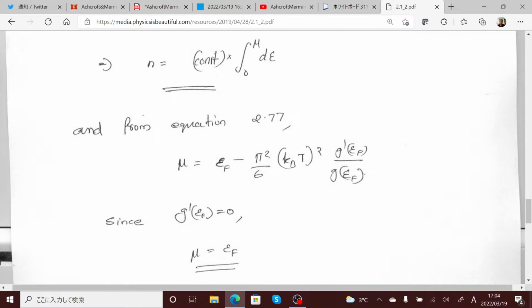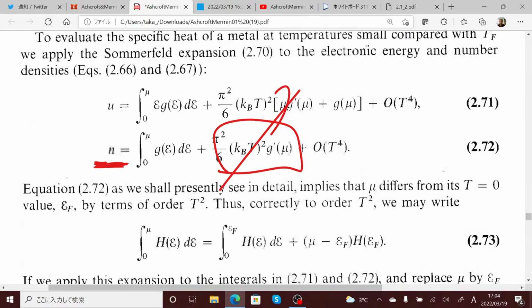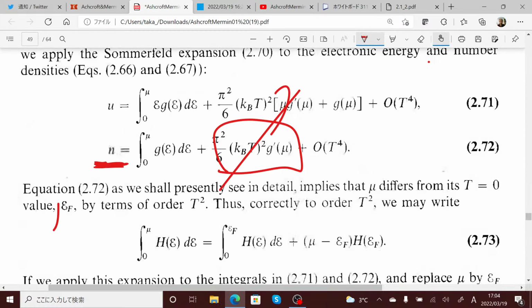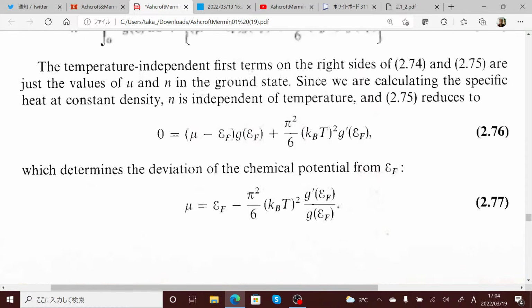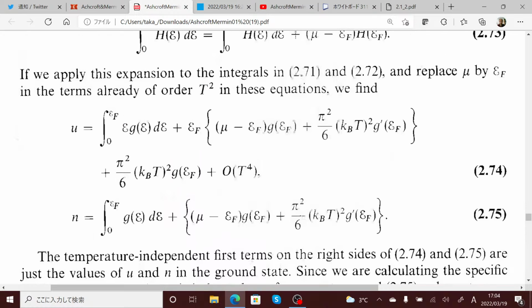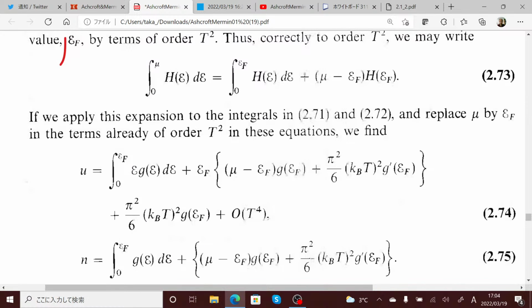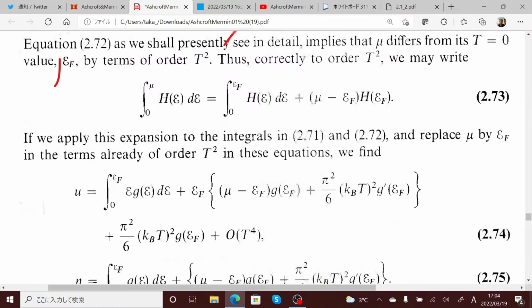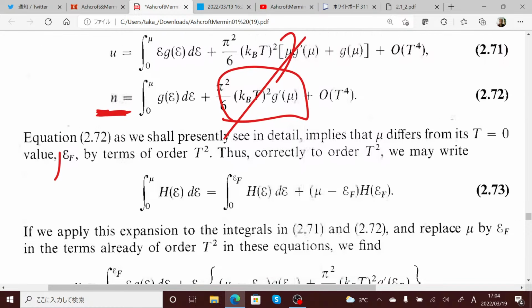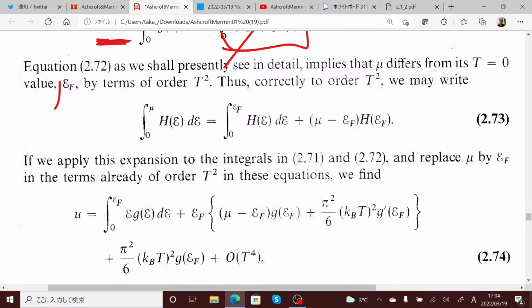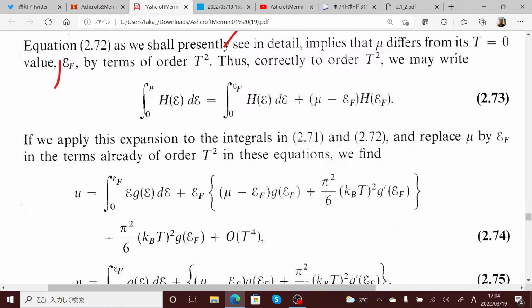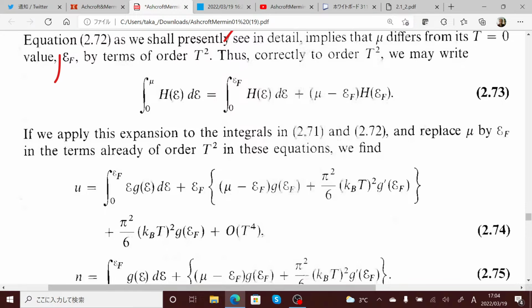We go to 277. We apply this expansion to the integrals in 271 and 272 and replace mu by EF in terms already of order t square in this equation.